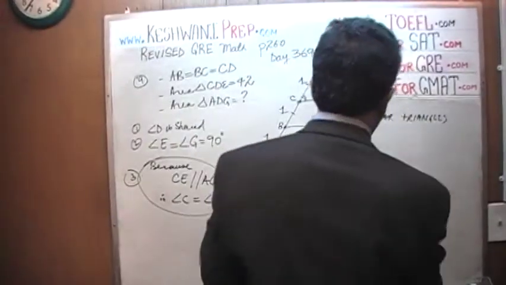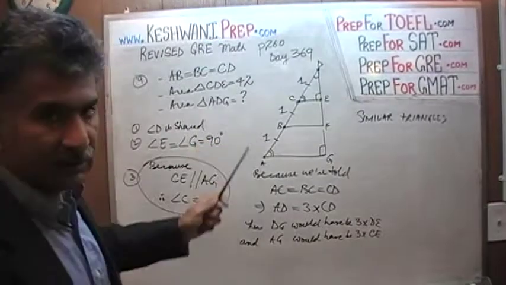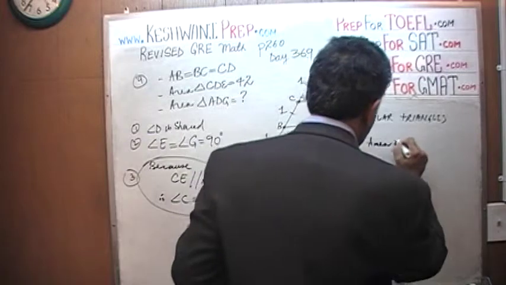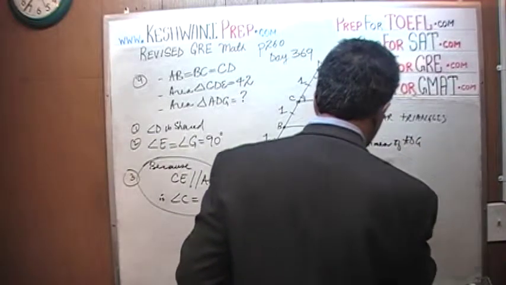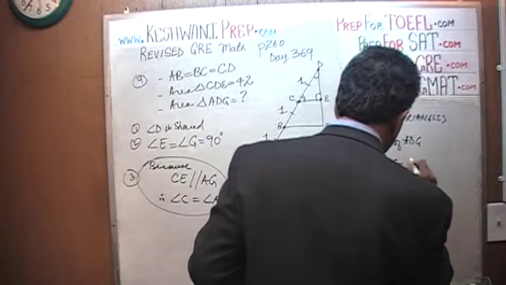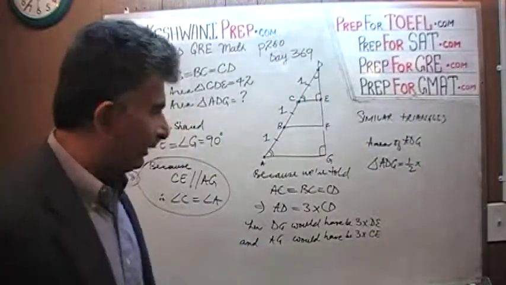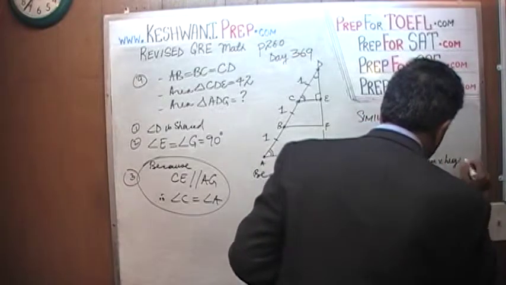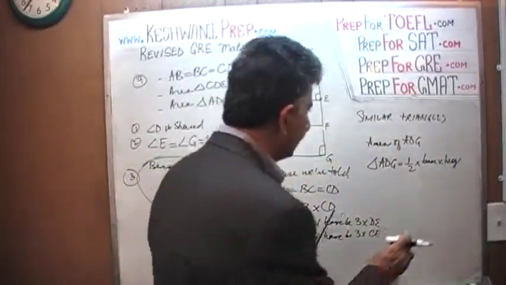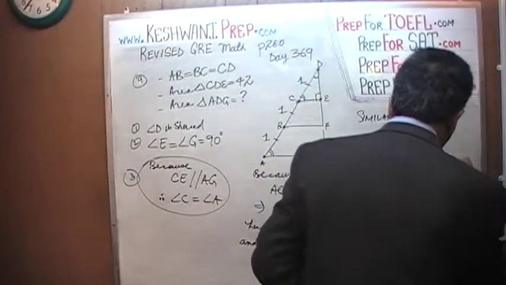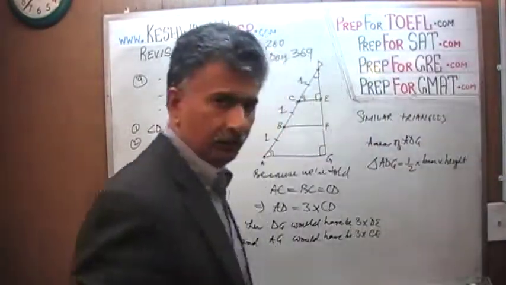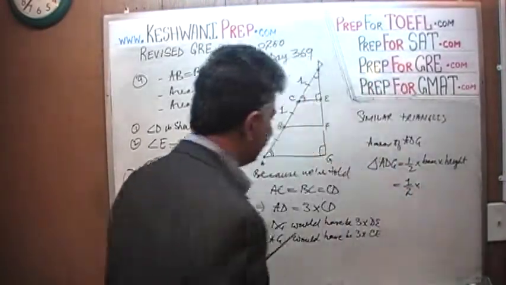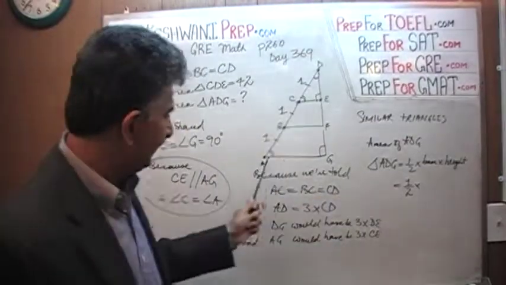We are interested in the area of triangle ADG. So what happens? Area of ADG is equal to 1/2 base times height, as always. Okay, watch what happens. 1/2 base. What's the base of the triangle ADG?